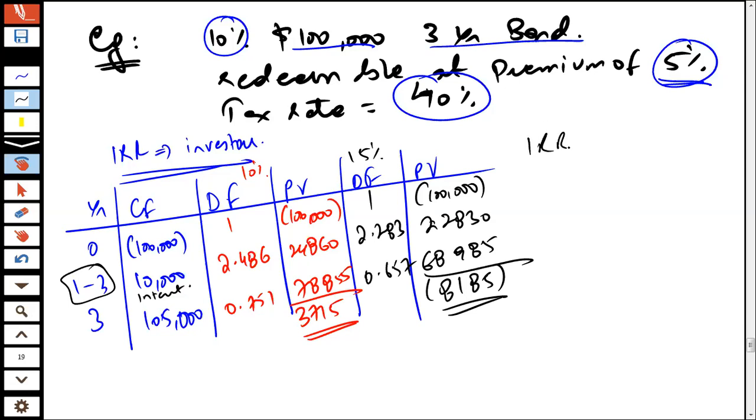If I talk about the computation of the IRR for this, it's going to be 10% plus. So resultingly, you will have the IRR.